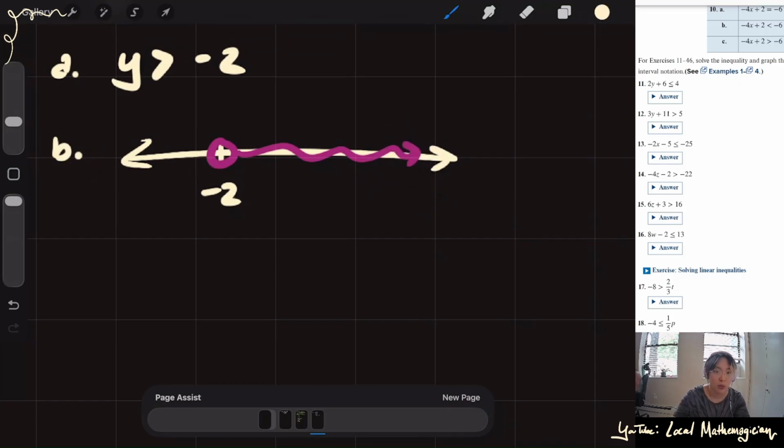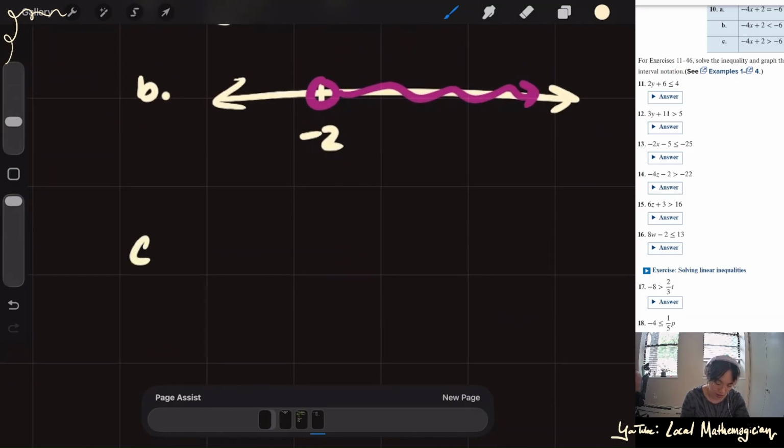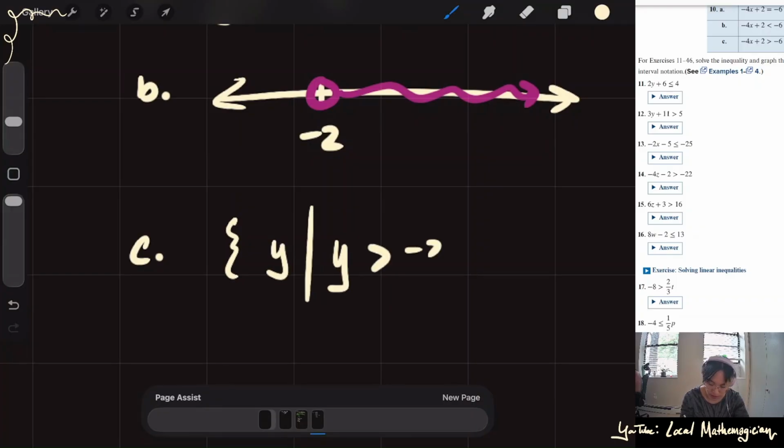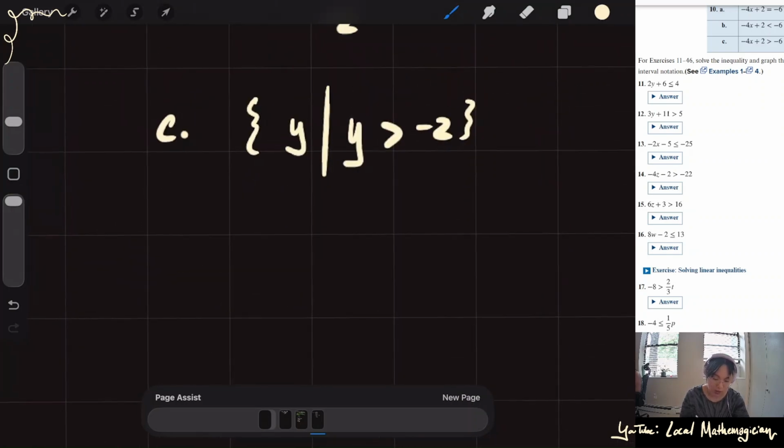And then we also want this as set builder. I'm going to write this as the set of y such that y is greater than negative 2. And they want it as an interval.